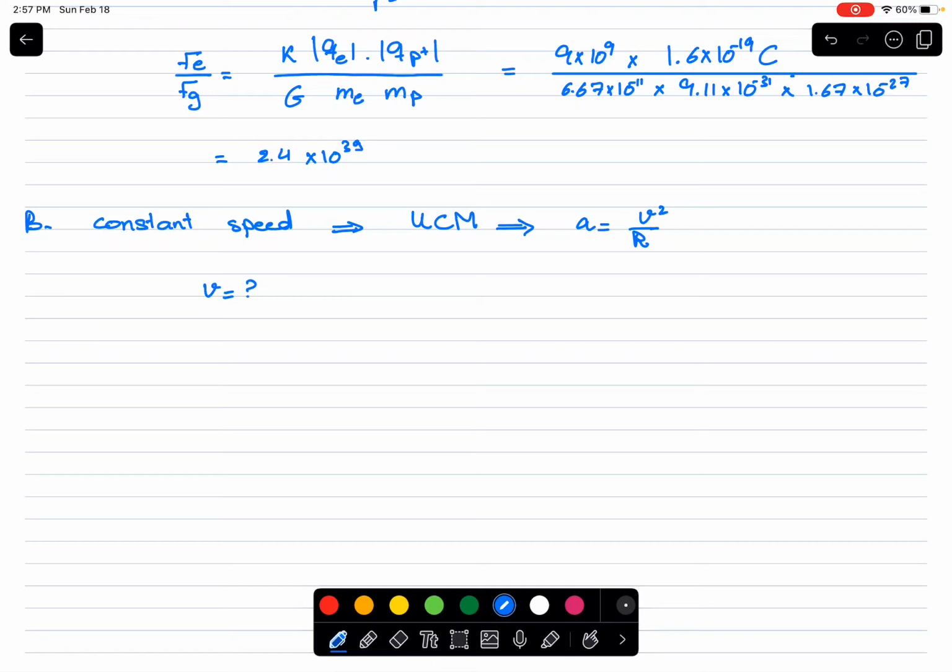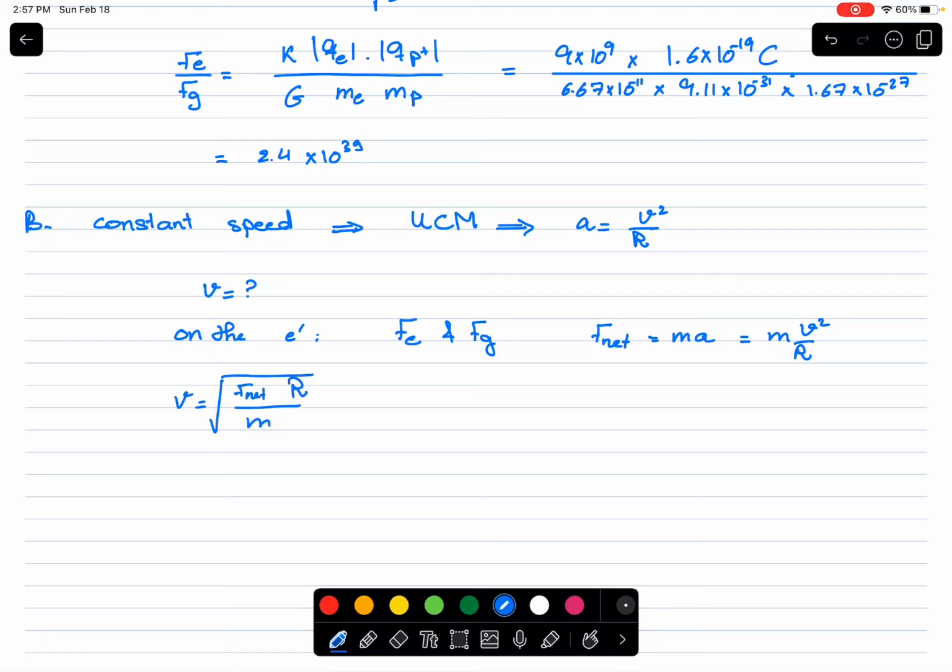Well, we know the forces acting on the electron. We have an electric force and the gravitational force with the proton. Well, F net, which is ma, can be written as m v squared over r. This tells us that v, if we rearrange our equation, will be equal to the square root of F net times r over m.